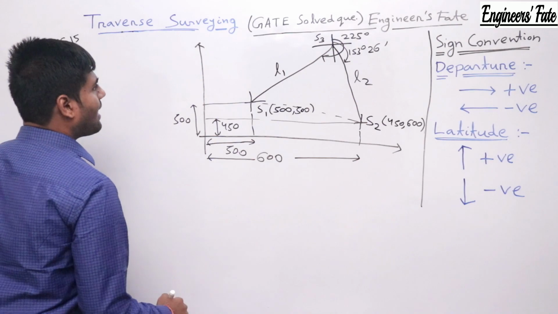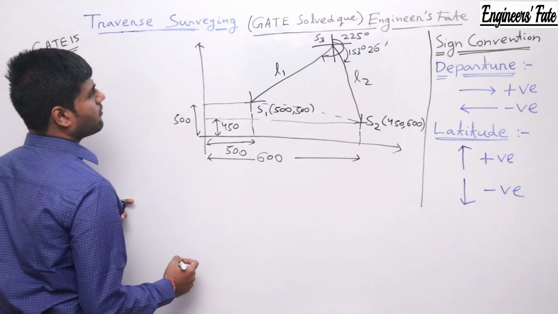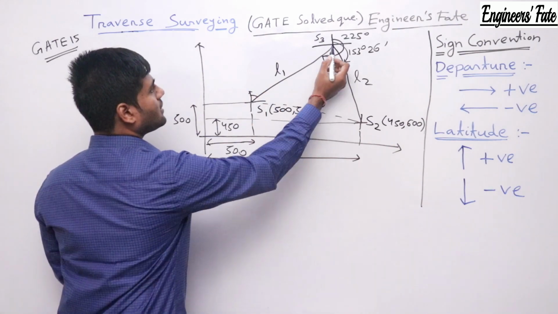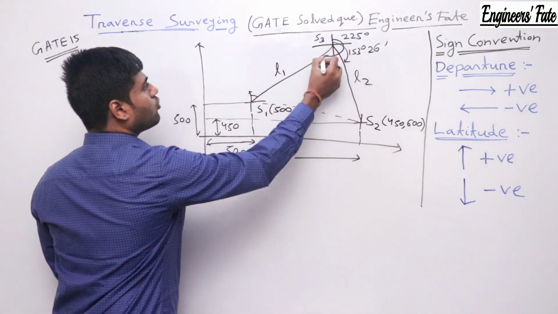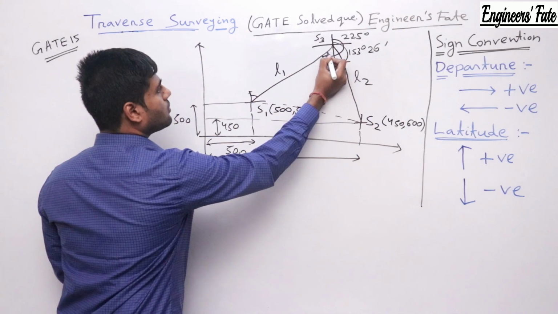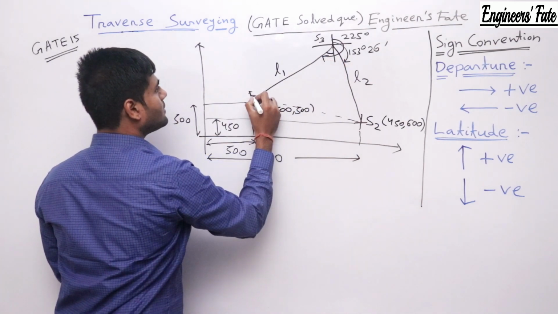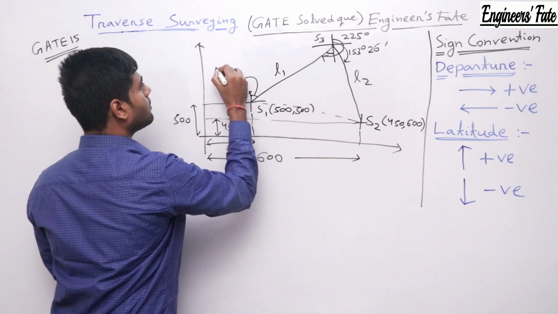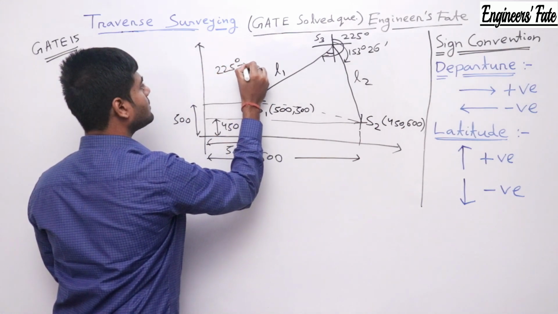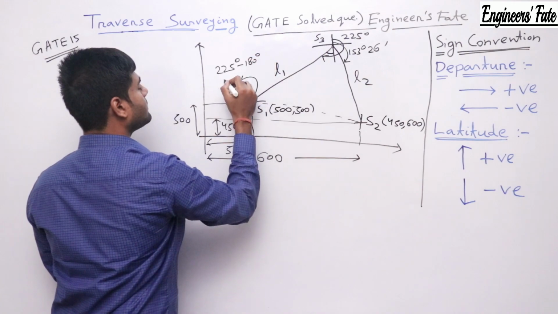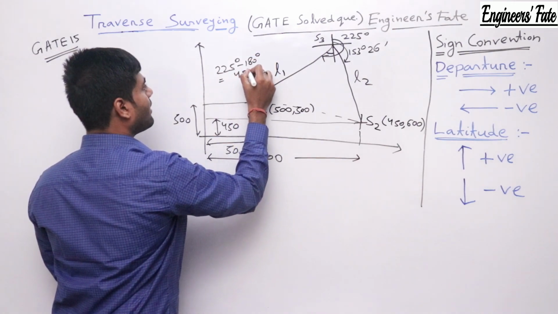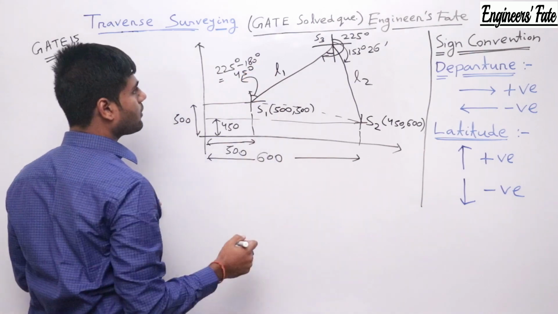So now I have to write the equation. Before writing the equation, I need the value of this. So this whole value is 225 degree. This value will be equal to this value. So what will be this value? This value will be 225 degree minus 180 degree, that is 45 degree.